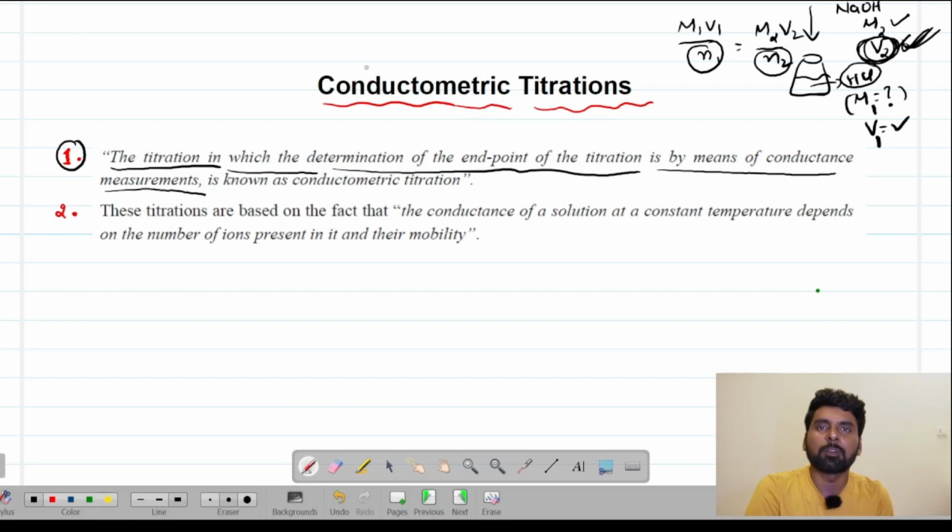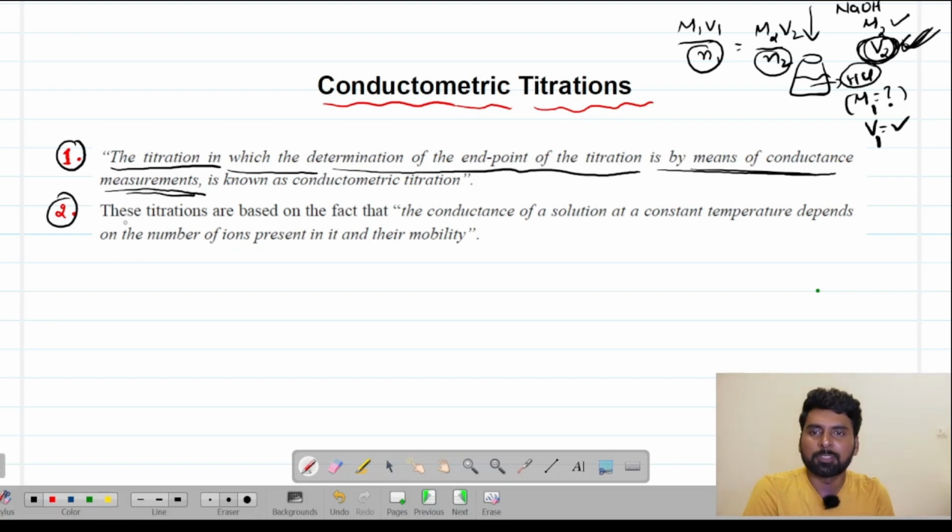We are going to observe the conductance of the solution and measure it throughout the titration. Based on those values, we will decide the endpoint. The purpose of any titration is to know the endpoint volume, and here that is done by conductance measurement. That is the basic definition of conductometric titration.